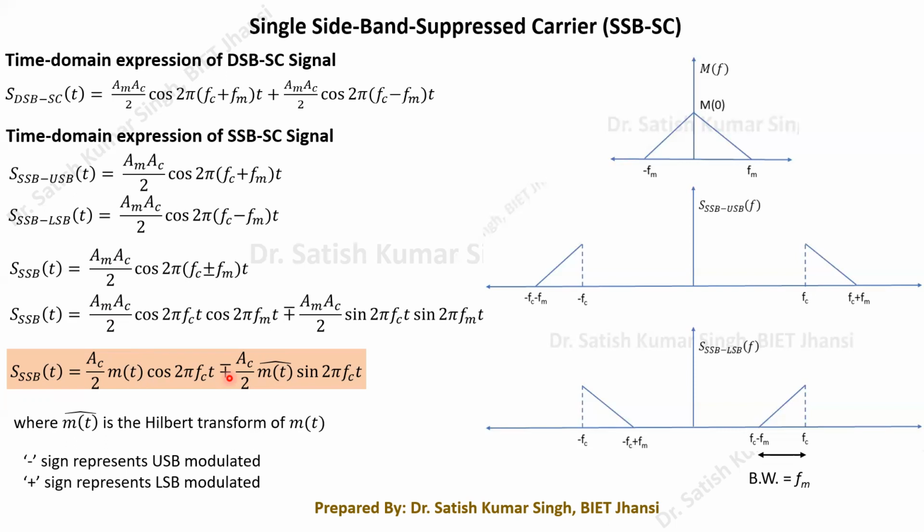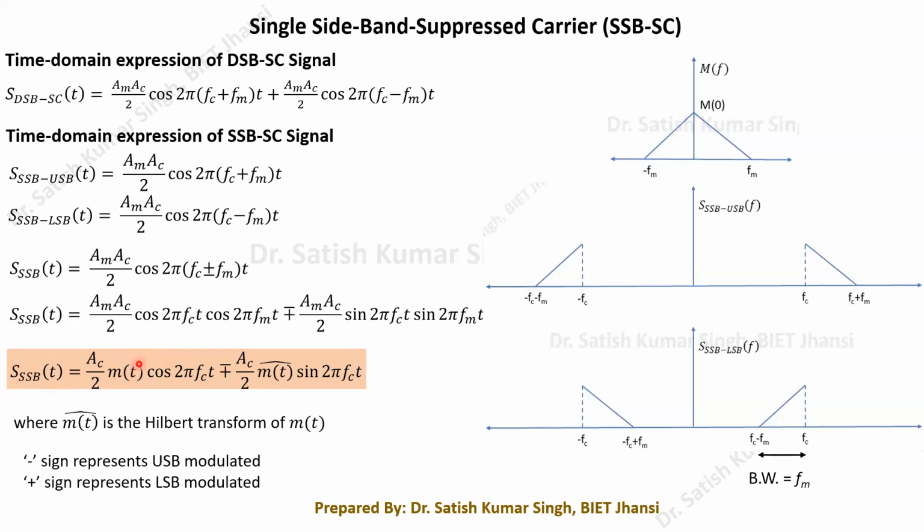So as I said, only one sideband would be sufficient. Even if we send only one sideband, then at the receiver end we will be able to extract back the original message signal by following the demodulation method. Fine. So now suppose we have this particular equation of SSB, and then you can go on calculating the Fourier transform of this equation.